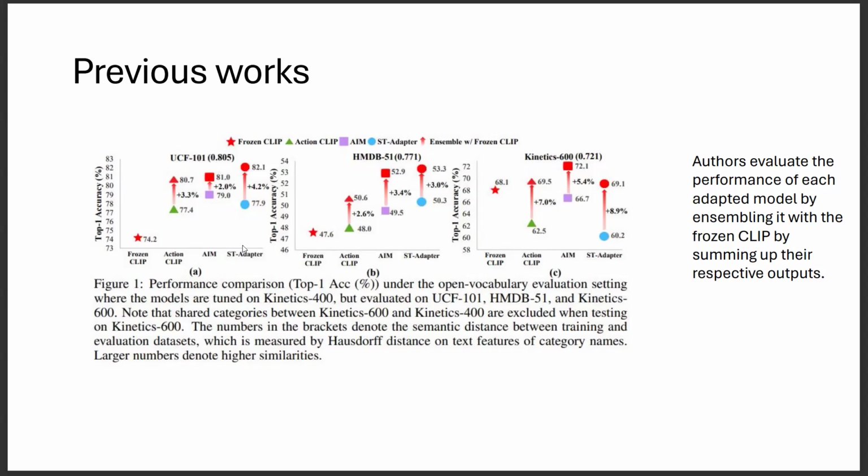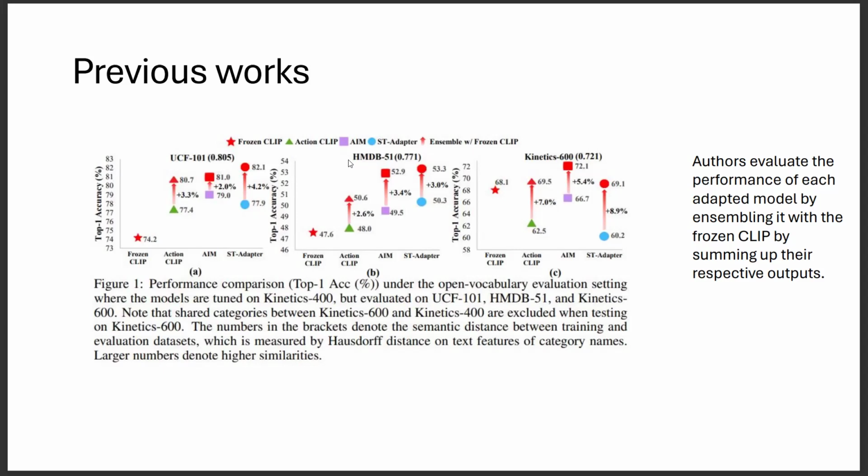The summary of this graph is that if we use just frozen CLIP and train it on the Kinetics 400 dataset, it performs the worst of all the action models on the unseen datasets. ActionCLIP is better, but not great.